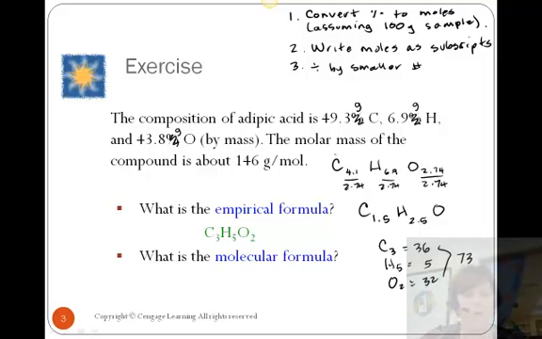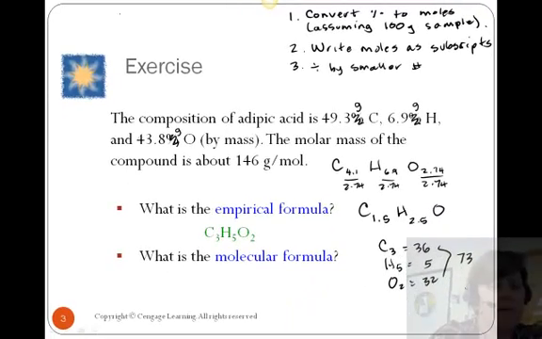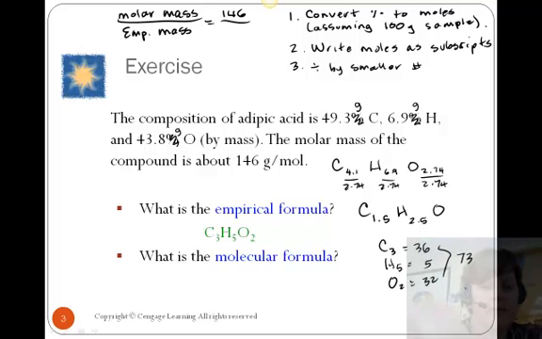Now, that is not 146, the molar mass that they give you, and you're going to divide it by the empirical mass. So you're going to take 146 and divide it by that 73 that we got when we added up 3 carbons, 5 hydrogens, and 2 oxygens.